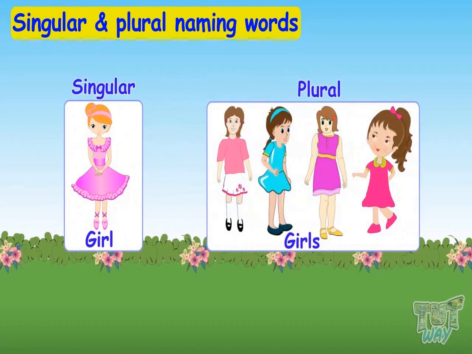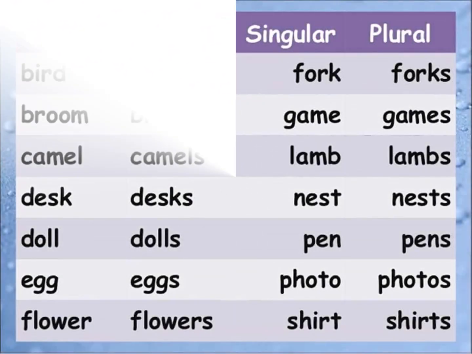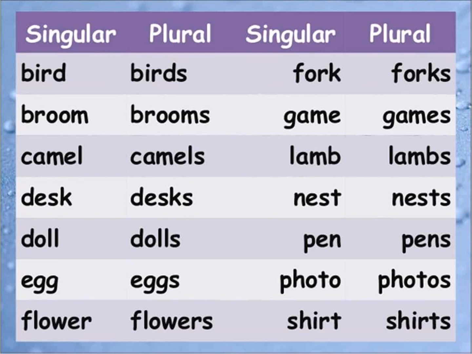Example: girl, that is singular. Girls, the number is plural. Here is a list of some singular and plural subjects. Read them very carefully.